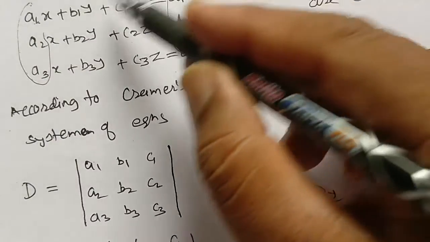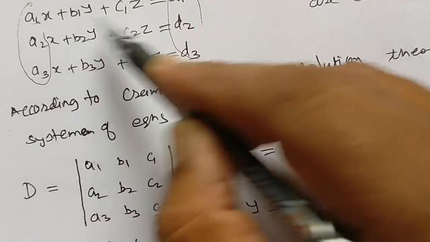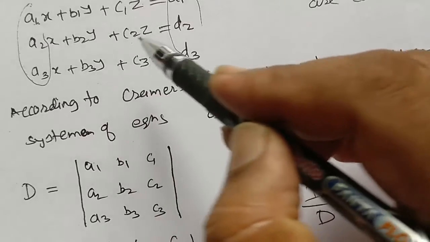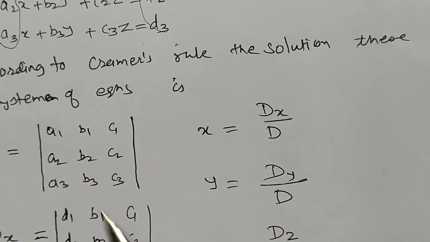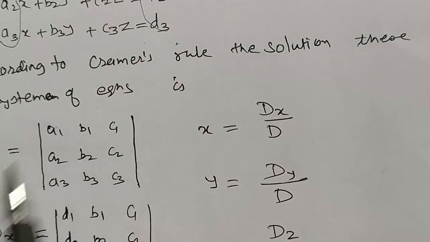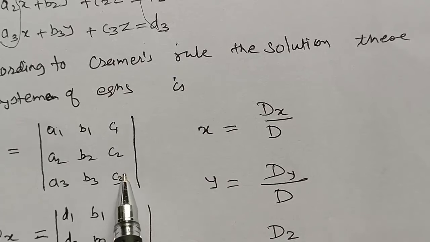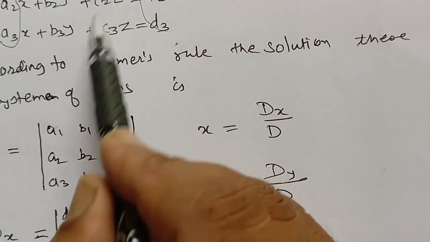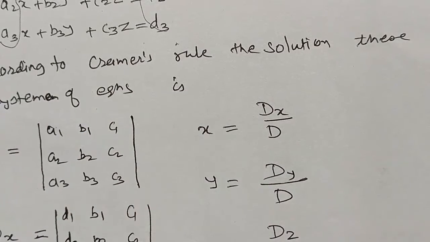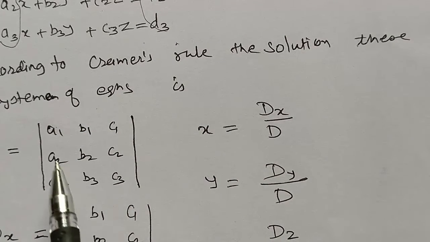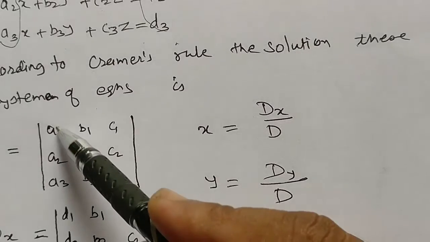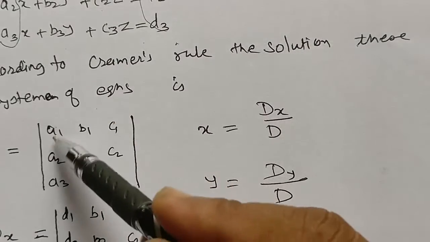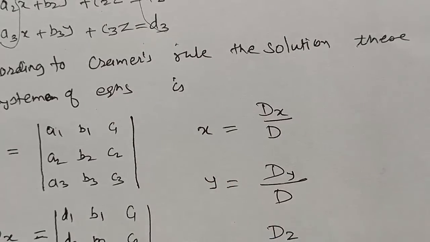This is the system of linear equations in 3 unknowns x, y, z, and according to Cramer's rule we obtain first determinant d, the coefficients of x, y, z in the system of equations, and dx is obtained from the determinant d by replacing the coefficient of x, that is a1, a2, a3 by d1, d2, d3.